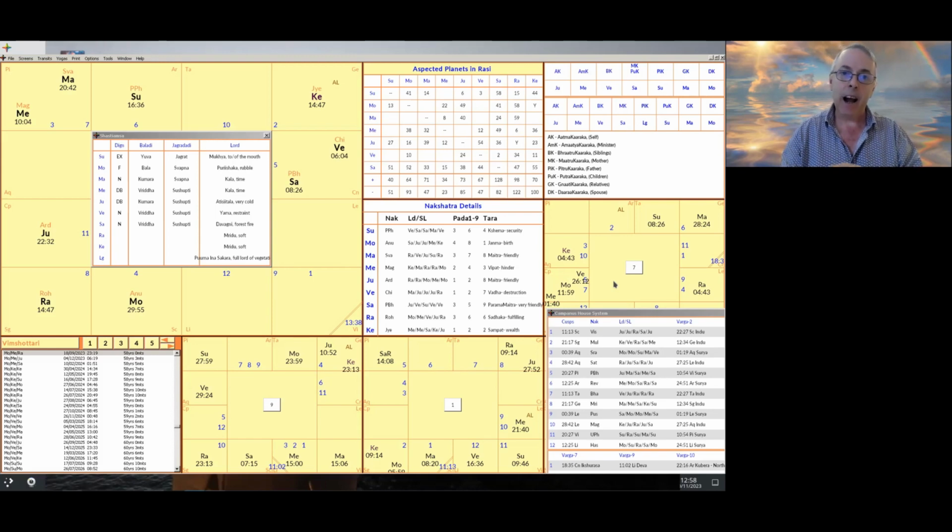And to do that, I use an approach that involves two specific divisional charts, one of those being the D60, which in Vedic astrology we call the Shastyamsha, and the other one being the D1, which in Vedic astrology we call the Rashi chart. We're just going to focus on the D60 today, and we're going to focus on the 12th house. Now, the 12th house is very vital to understanding the karmic imprint on the individual because of a few different factors.